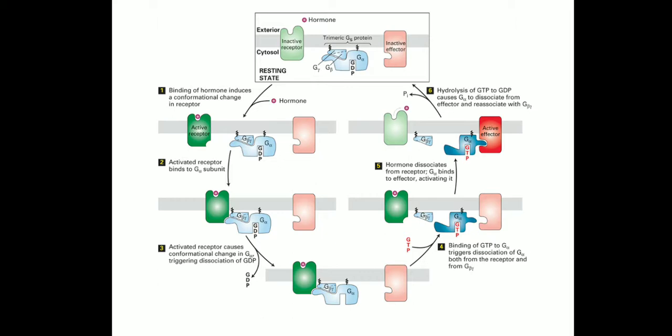In the next step, GDP is released from the G alpha subunit and GTP binds. After these conformational changes, the G alpha GTP complex dissociates from the G beta gamma subunit, but the G beta gamma subunit remains attached to the plasma membrane. After that, the G alpha GTP complex binds to the effector and activates the effector protein.